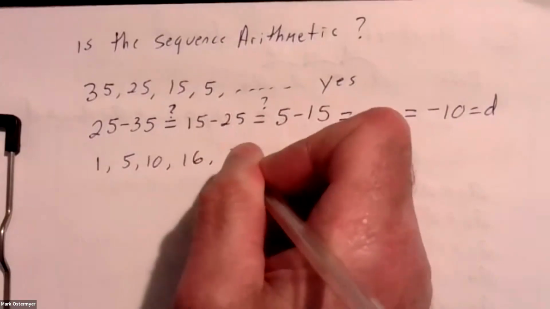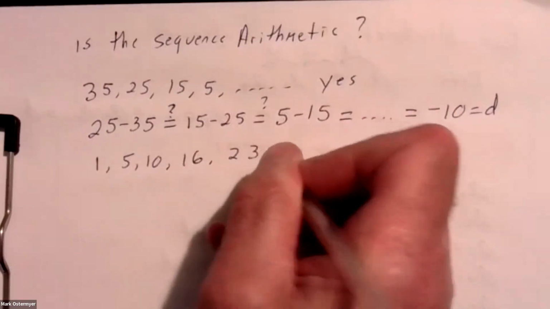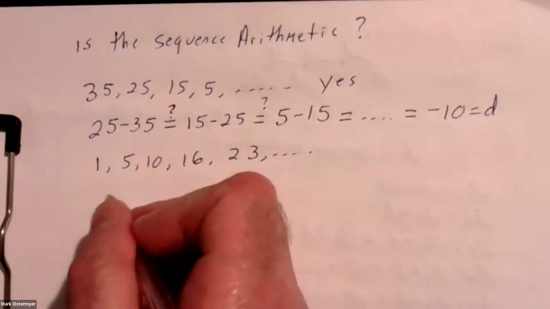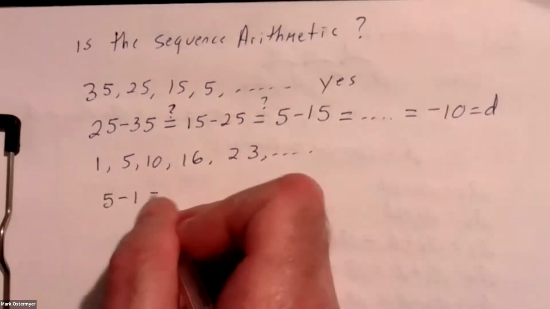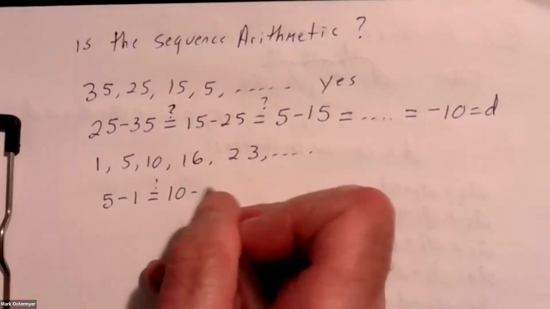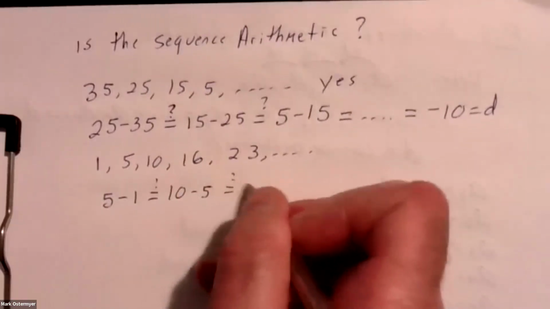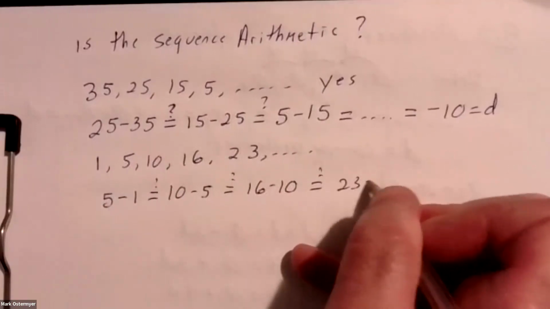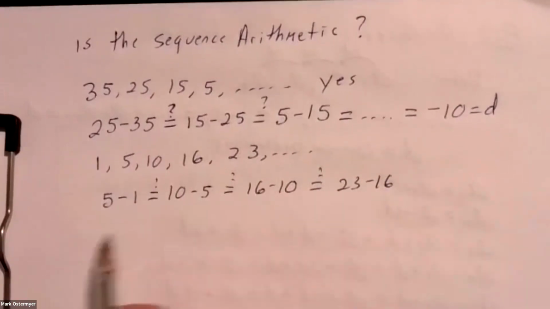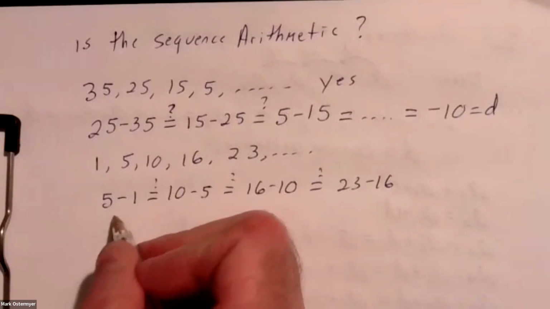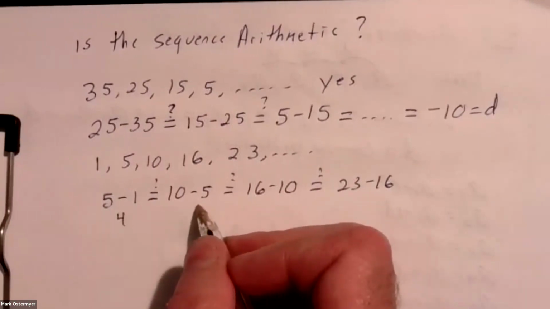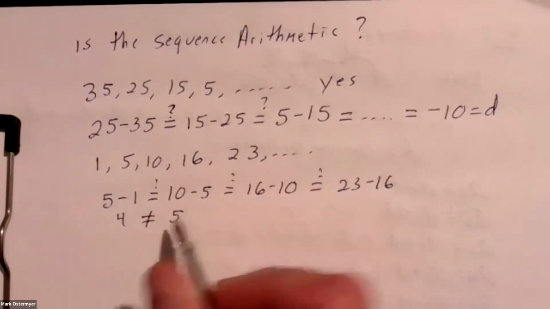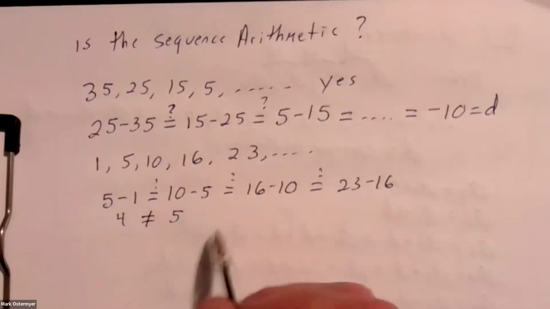All right, this sequence right here. Is it arithmetic? So is 5 minus 1 equal to 10 minus 5 equal to 16 minus 10 equal to 23 minus 16? Well, this gives you 4, and 10 minus 5 gives you 5. So we don't have a common difference here.